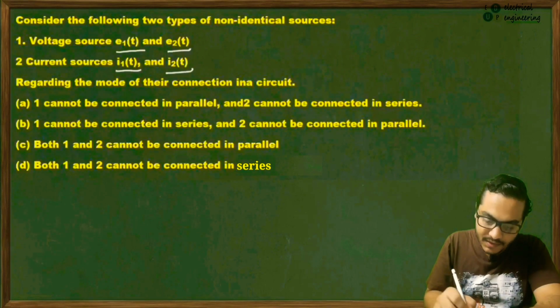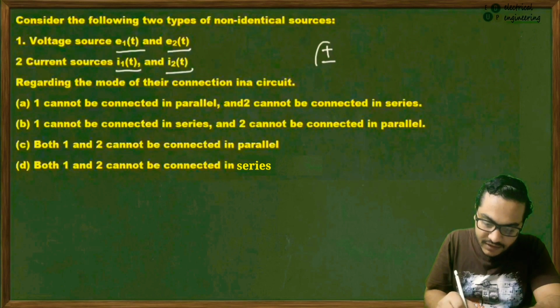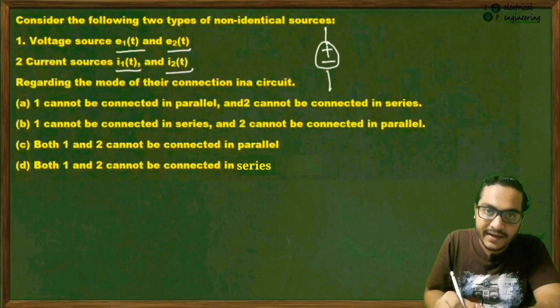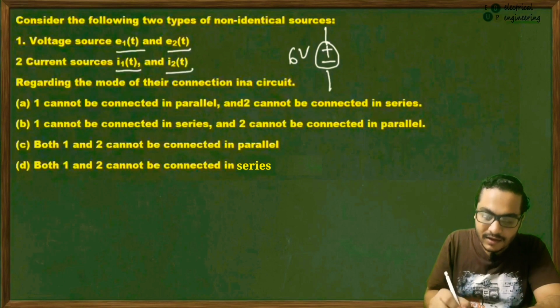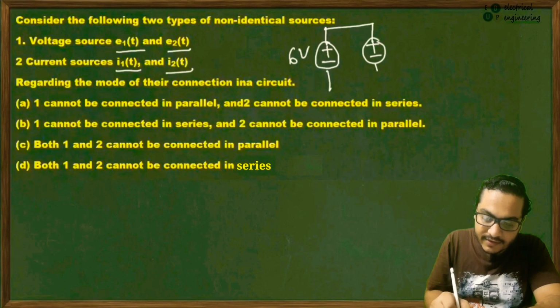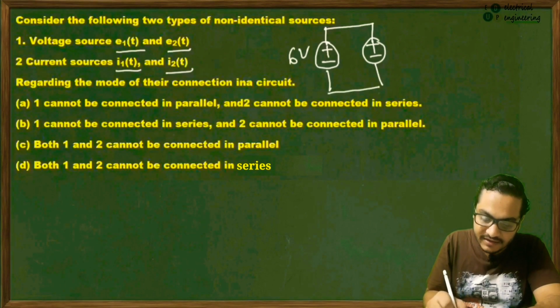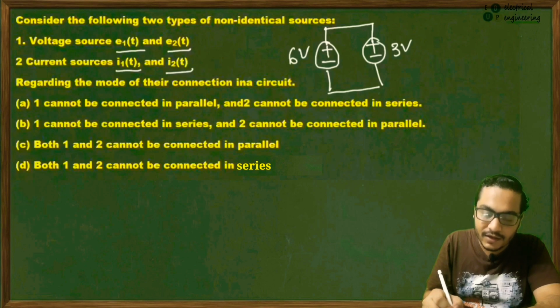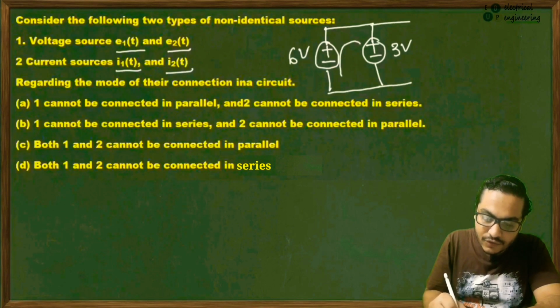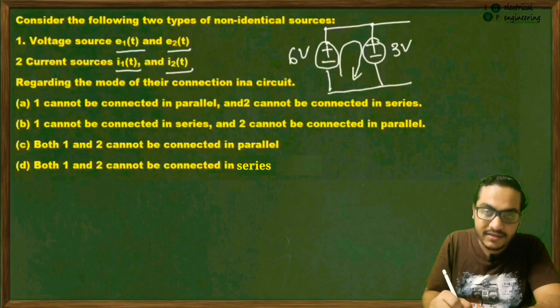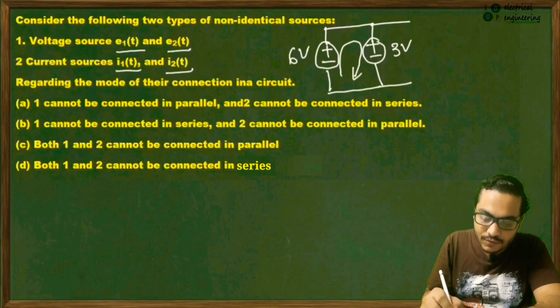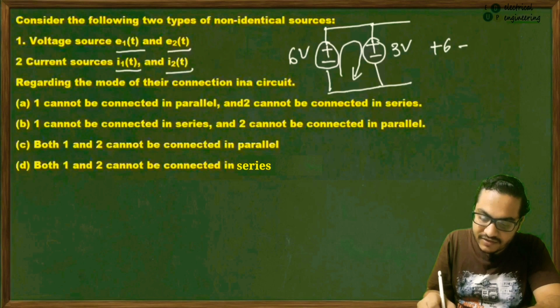Let's consider a voltage source of magnitude 6 volt. Now this voltage source is connected in parallel with another voltage source of different magnitude, let's say 3 volt. So this is a closed loop formed by this parallel connection. Now if you apply KVL to this loop, we can write the equation: plus 6 volt minus 3 volt equal to 3 volt.